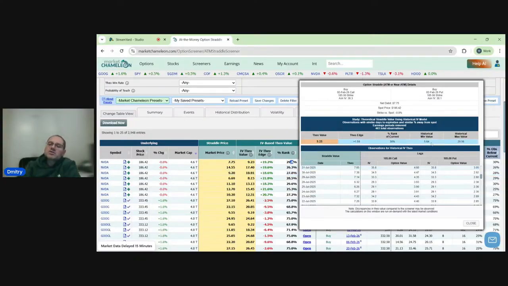So the lowest observation we had, if we used the lowest implied vol in our observations and plugged it in, would have given us a value of 564. So today's straddle would be worth 564, compared to 775. The highest was 2056 compared to 775.